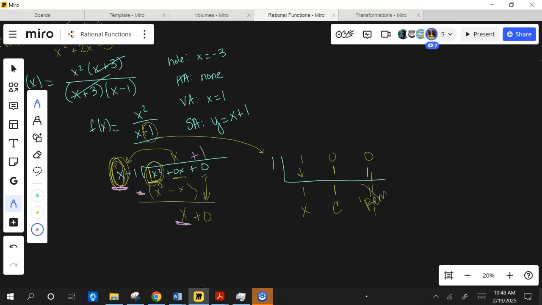So it's 0x minus negative x, because when you multiplied around, there was a negative sign in here. What do you multiply x by to get x? 1.